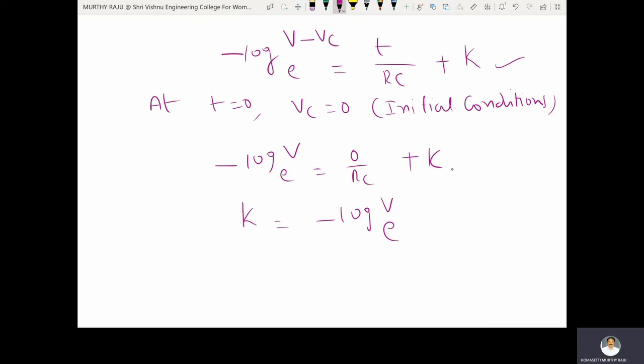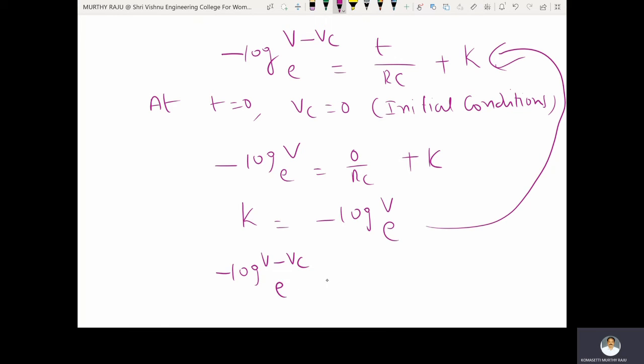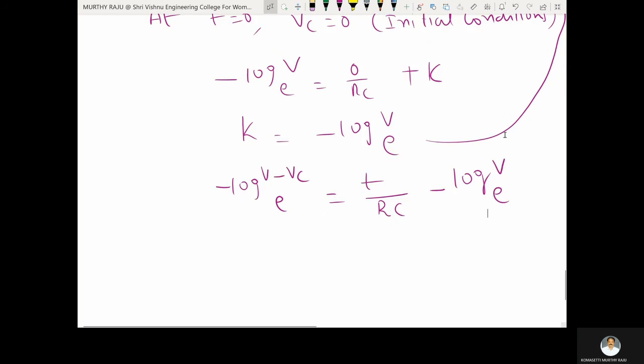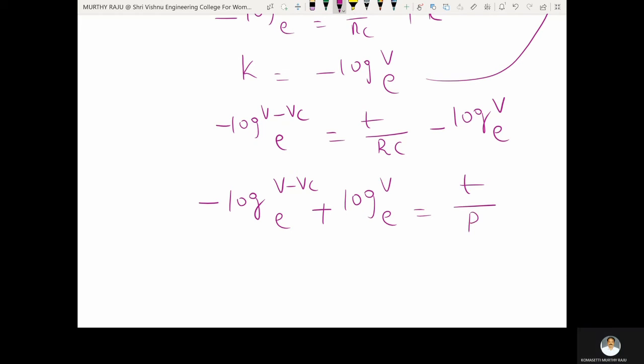Substitute this k value in the equation: minus log of V minus Vc base e is equal to t by RC plus k, where k is equal to minus log V base e. Moving the log V to this side, minus log of V minus Vc base e plus log V base e is equal to t by RC.